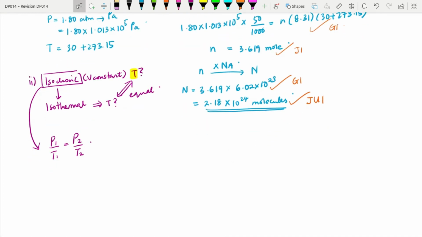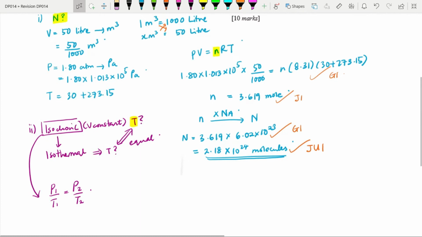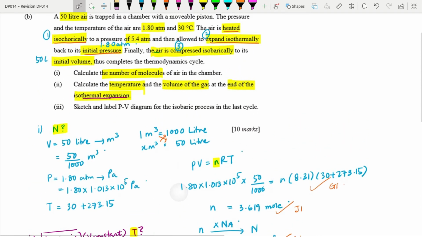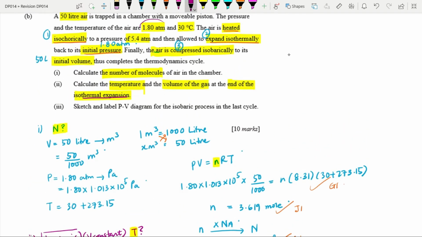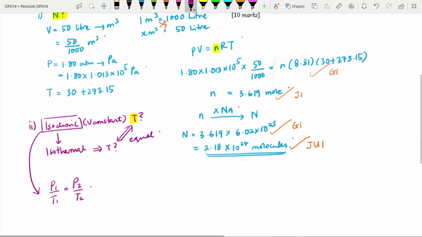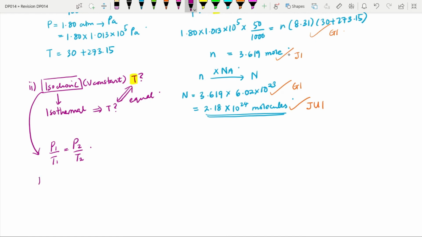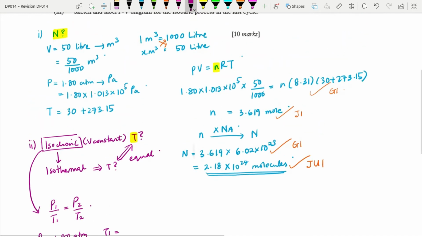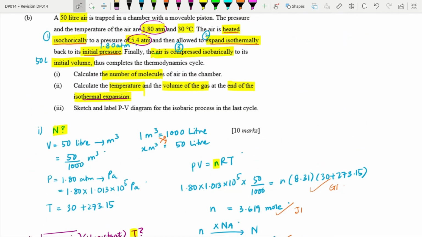So apa yang berlaku adalah waktu isochoric, pressure di increase from 1.8 to 5.4. Kita kena listkan lah so that kita nampak lagi clear. P1 1.8 atm, P2 5.4 atm, dan T1 initially dia bagi tadi 30 degree Celsius sebelum dia undergo isochoric.